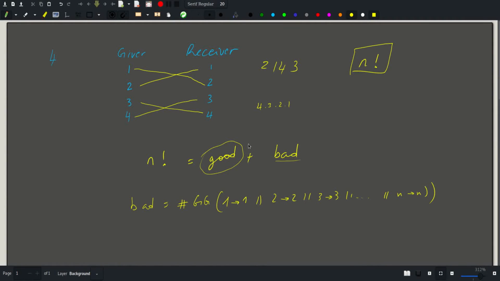I hope this makes sense, because if a gift giving is not good, this means that one of the children is mapped to themselves. So this encompasses all the bad gift givings. And this does not seem to make the task any easier.